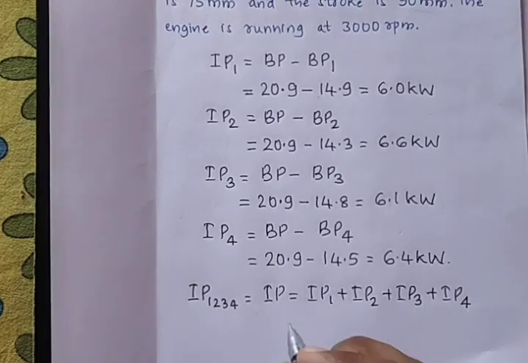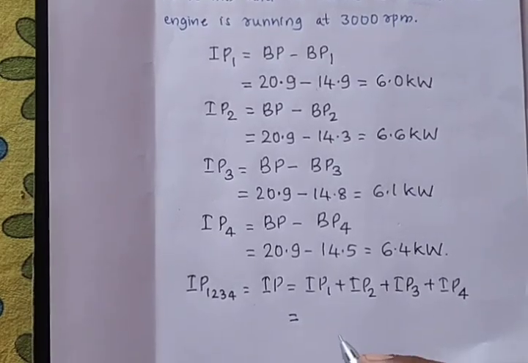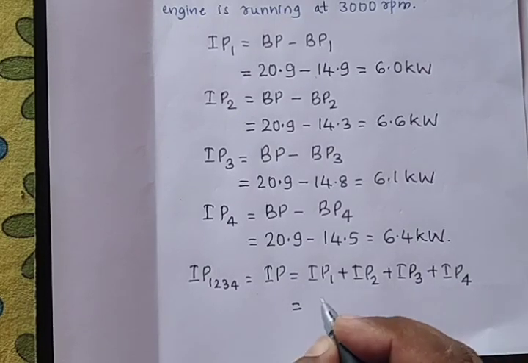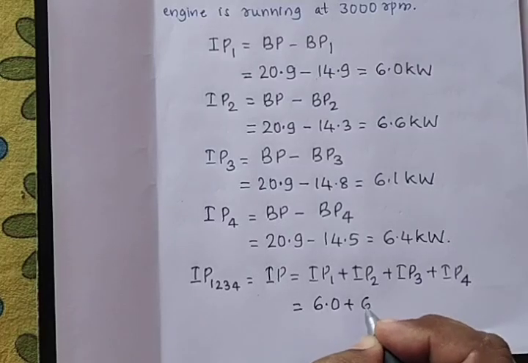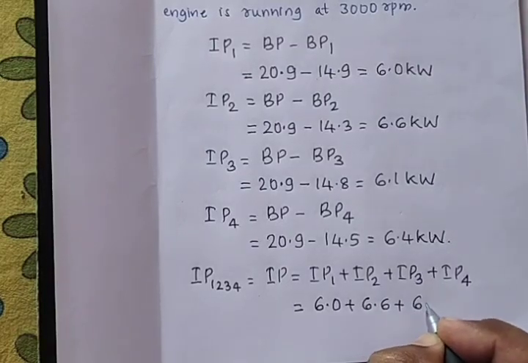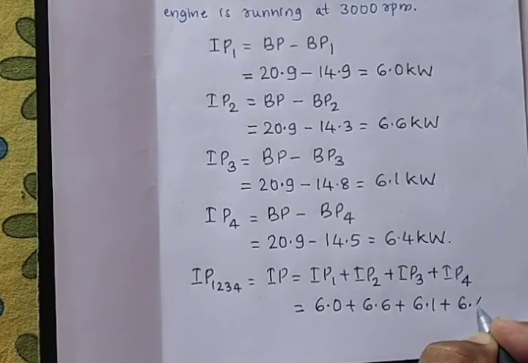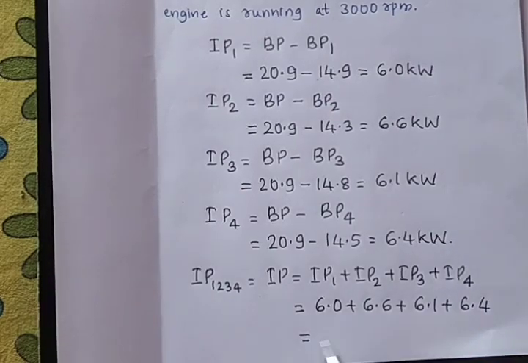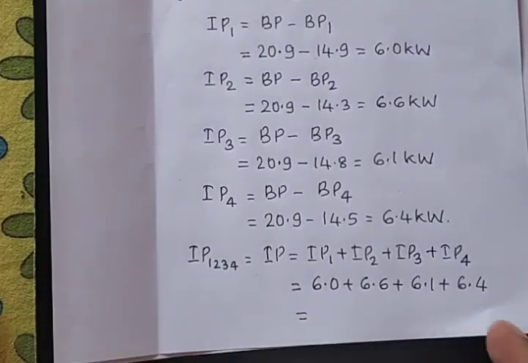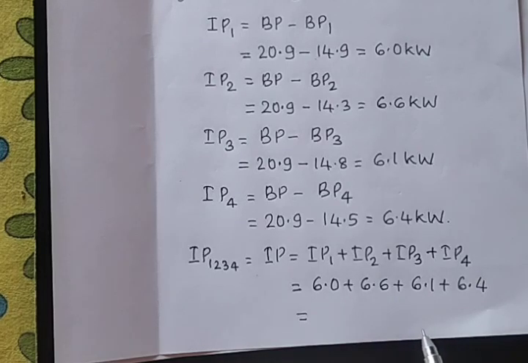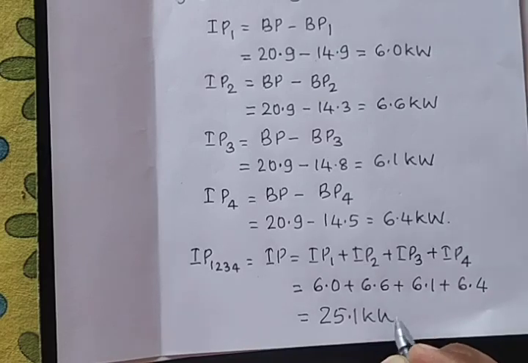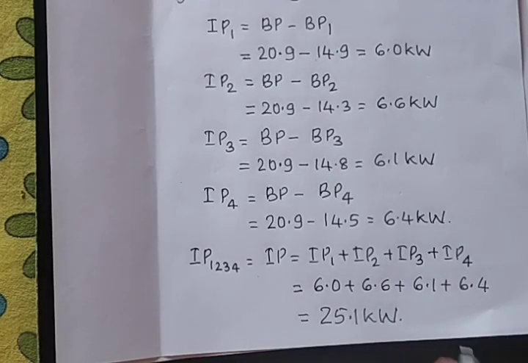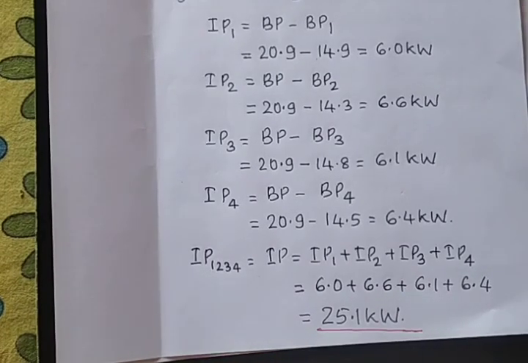That is, we are adding all the 4 indicated powers of the individual cylinders, that is 6 plus 6.6 plus 6.1 plus 6.4. If I add them, it will be equal to 25.1 kilowatt. So the total indicated power is 25.1 kilowatt.